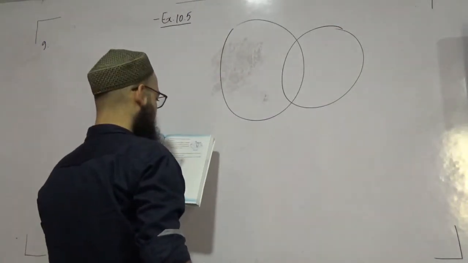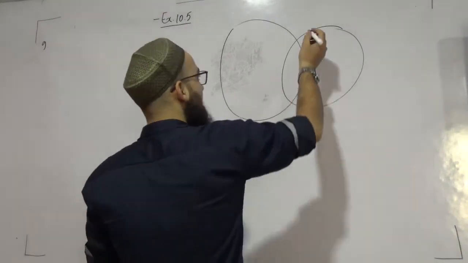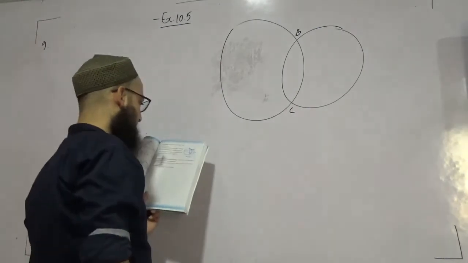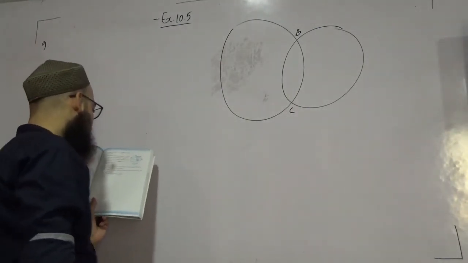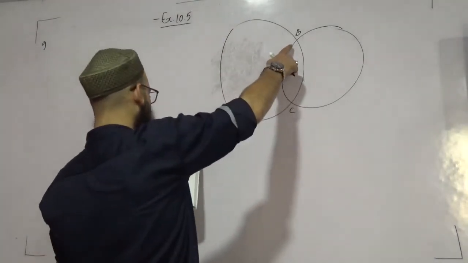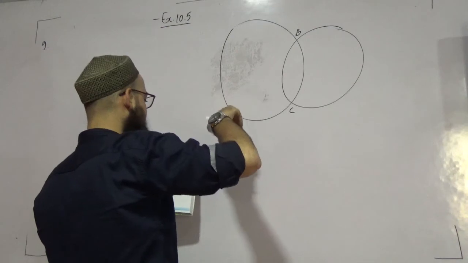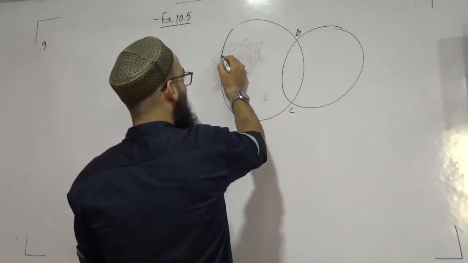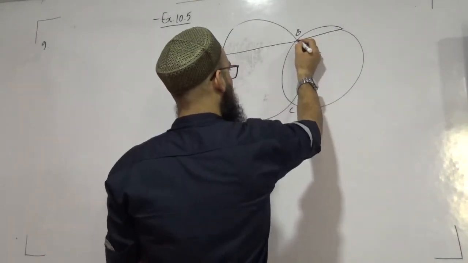These two circles meet at B and C. So let's say this is B and this is C. Through B, there runs a line segment ABD, just like this.